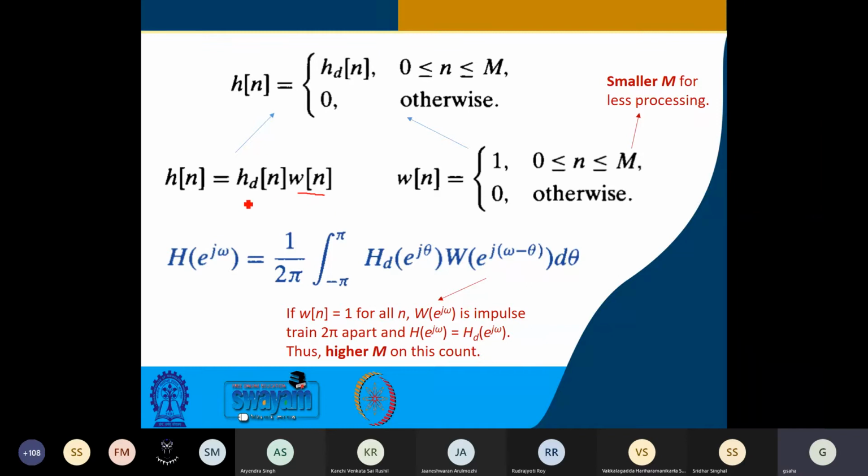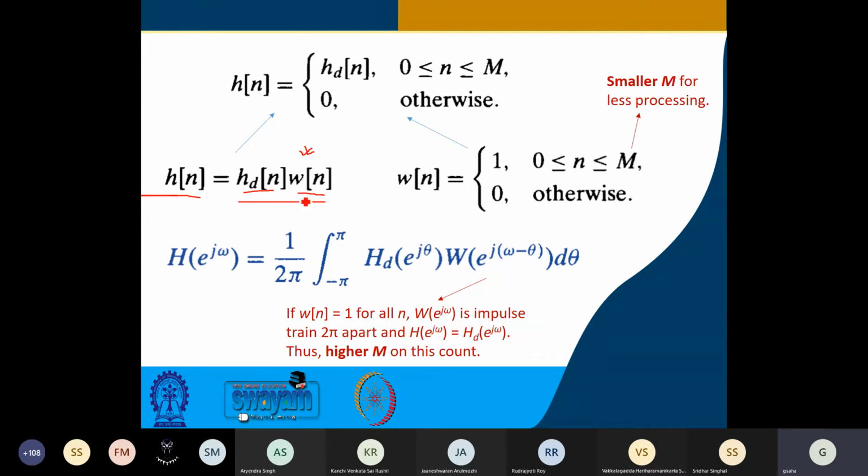So this window we give the name w[n], and h_d[n] is the desired unit sample response, which is infinitely long, and this is the actual or practical unit sample response of the desired filter.